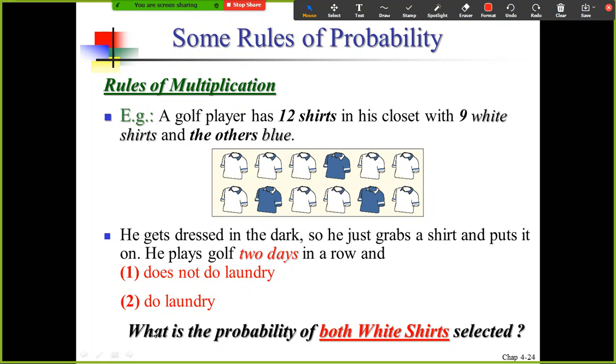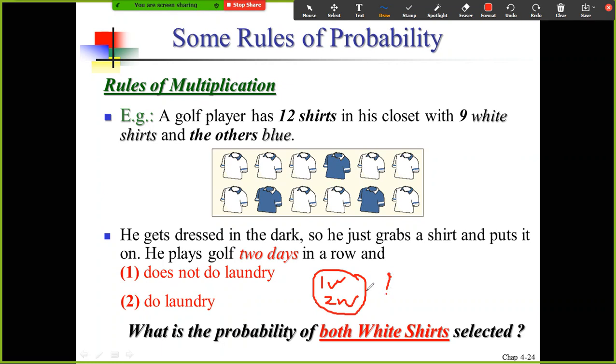This is the question. What is the probability of 2 white shirts selected? What does it mean? 2 white shirts selected means the first day white, the second day still white, because he plays 2 days in a row. For the first condition, not laundering.